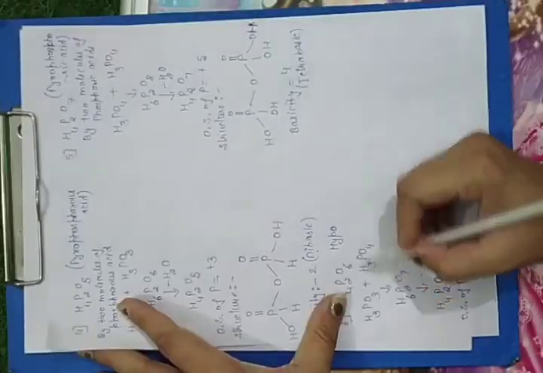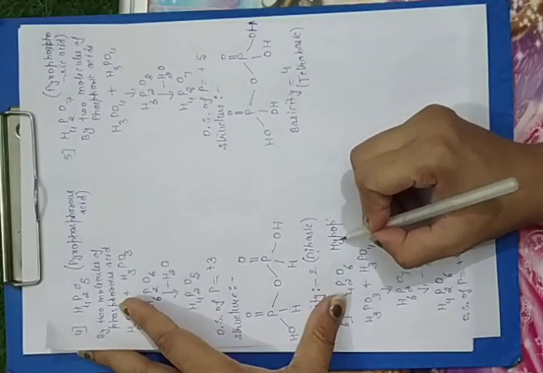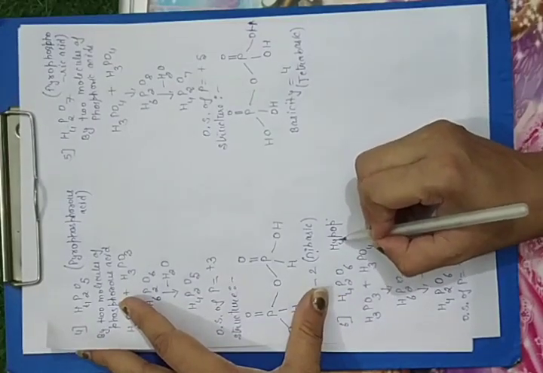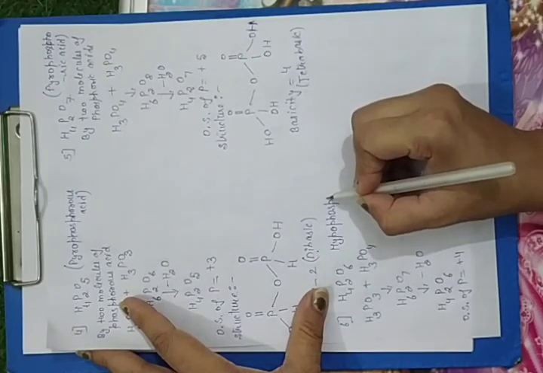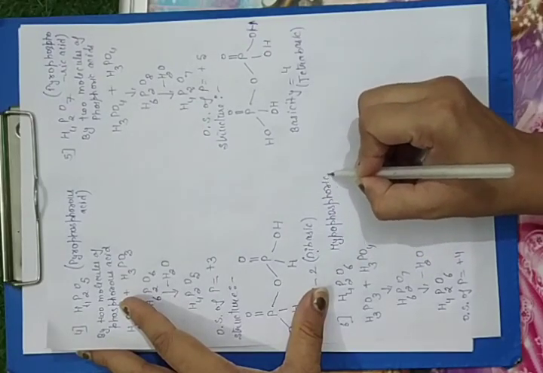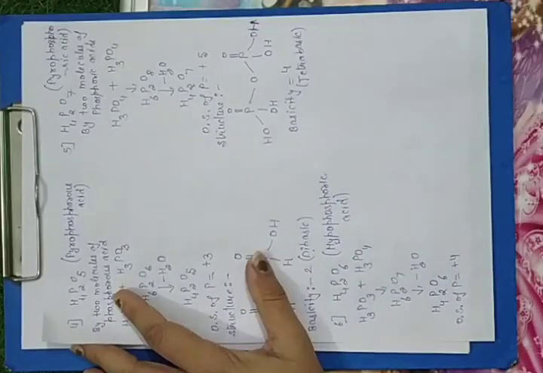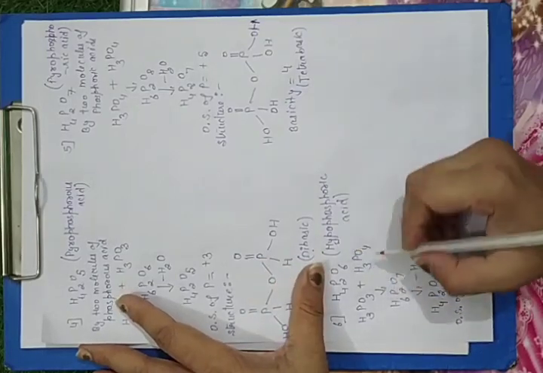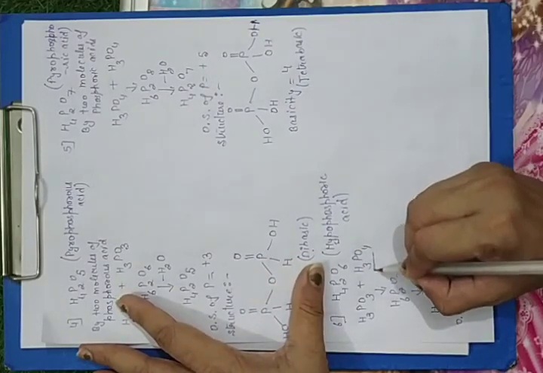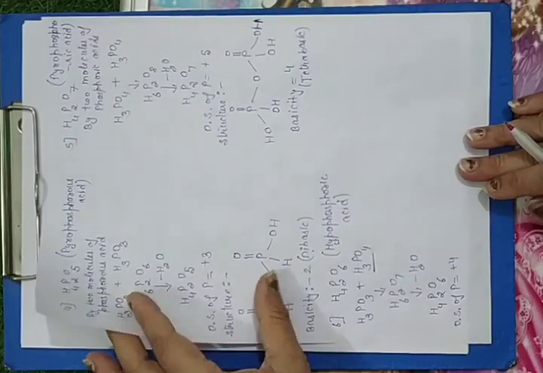Then for it use hypophosphoric acid. Hypophosphorus acid we have already done. Here use the hypo word, give the preference to phosphoric acid, then its name is hypophosphoric acid.